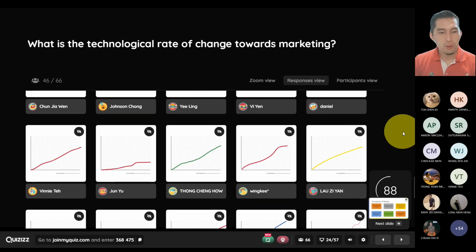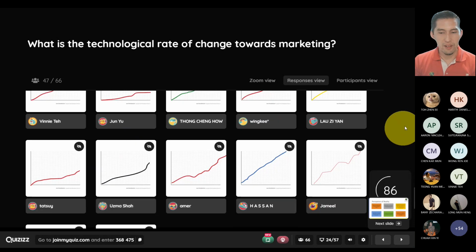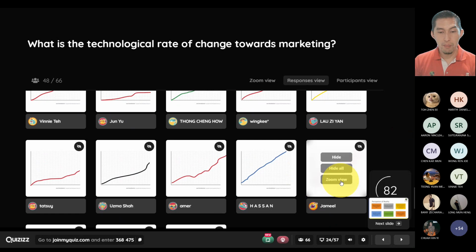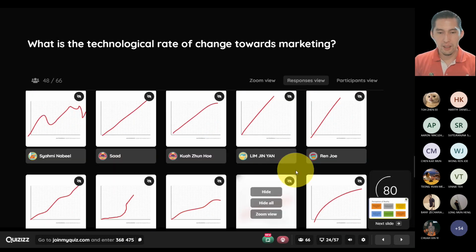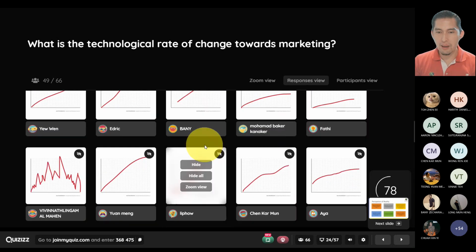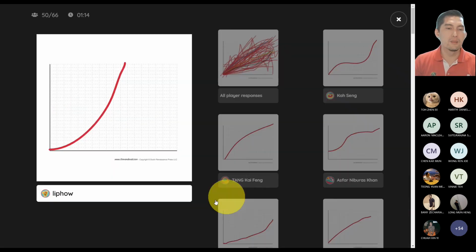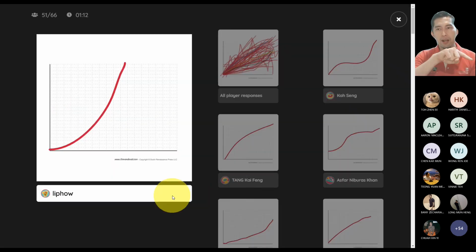Interestingly, quite a number of you are also going towards a flatter line. All right, so for marketing, what Lip Hao did here would be similar to what I would say. In terms of marketing, there are so many different ways marketing is happening today due to technology.